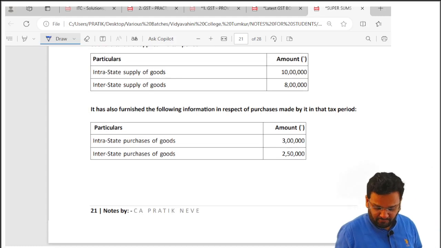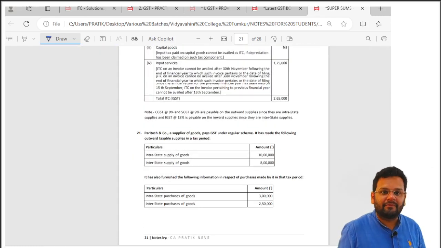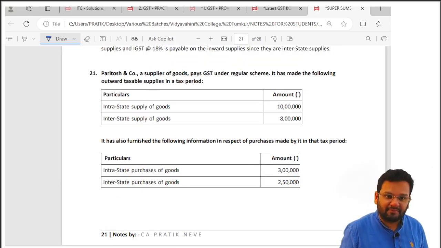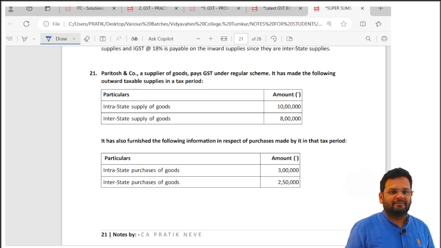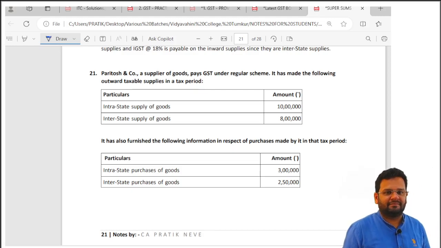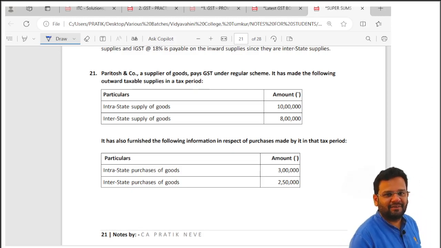See this question of Paritosh, 21st. Not allowed because of the sequence. The unwanted guest has to be thrown out first.